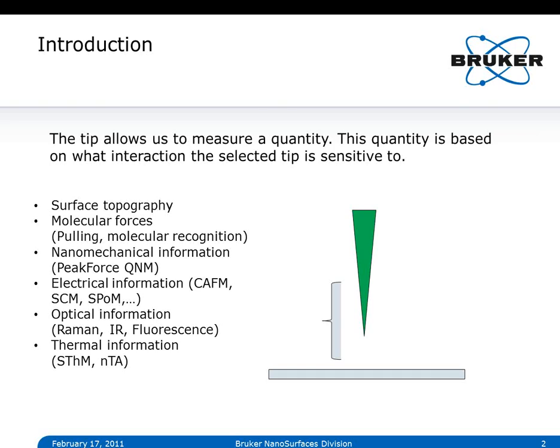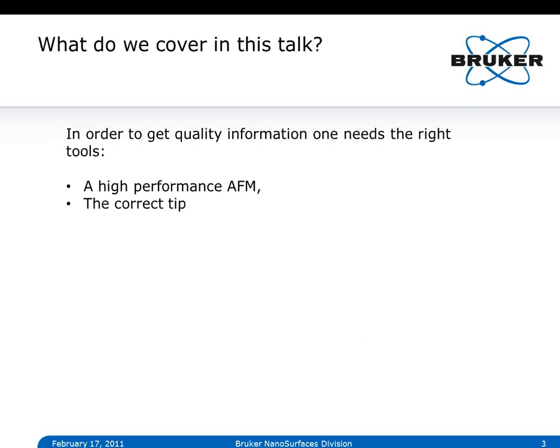And of course, we can get thermal or calorimetric information from our AFM if we choose the correct tip. And choosing the correct tip is basically what started us to give this webinar, and that's what we are going to talk about.